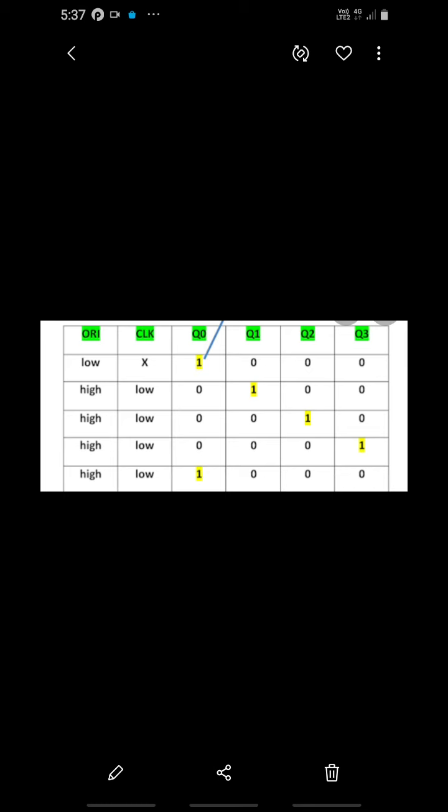This is why the circuit is called a ring counter. So now you take 4 clocks. First one is low, that means the initial state. So output Q0, Q1, Q2, Q3 is 1 0 0 0.